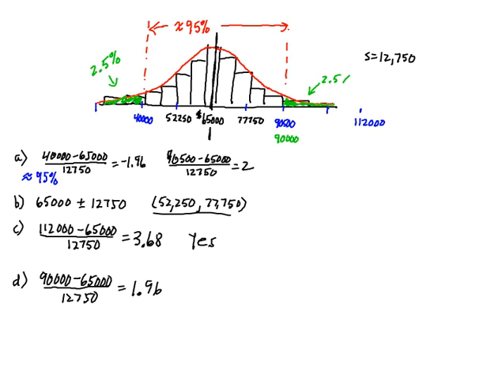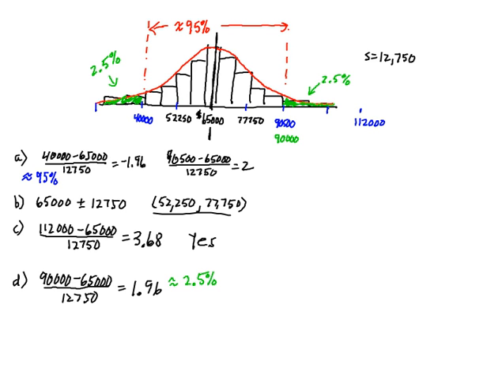Again, 95% in the middle between the 2 standard deviations marks, and then 5% outside of that. And by symmetry, half that 5% will be on the upper end, half on the lower end. So the answer is approximately 2.5% of the homes will be priced above the 90,000.